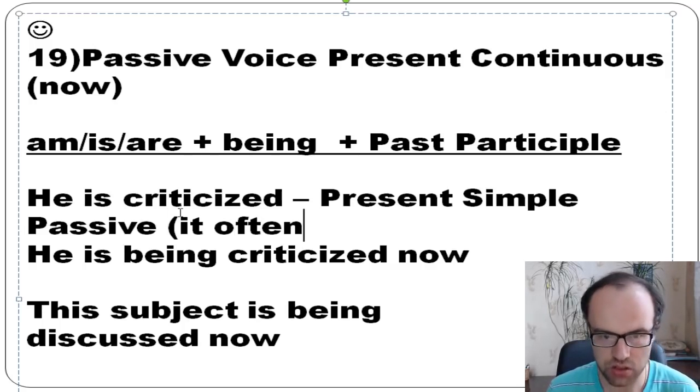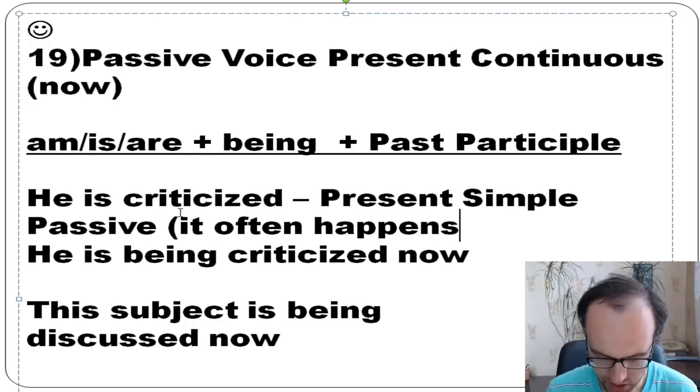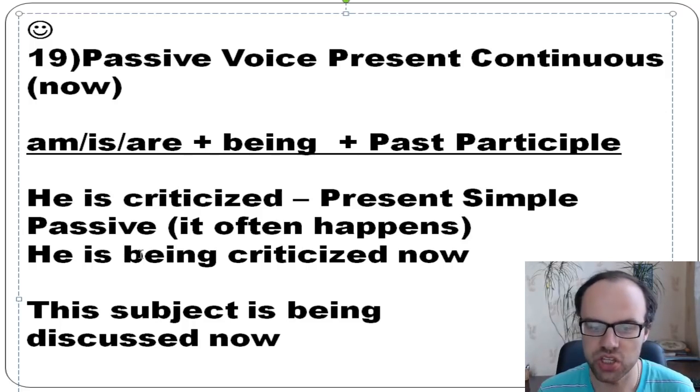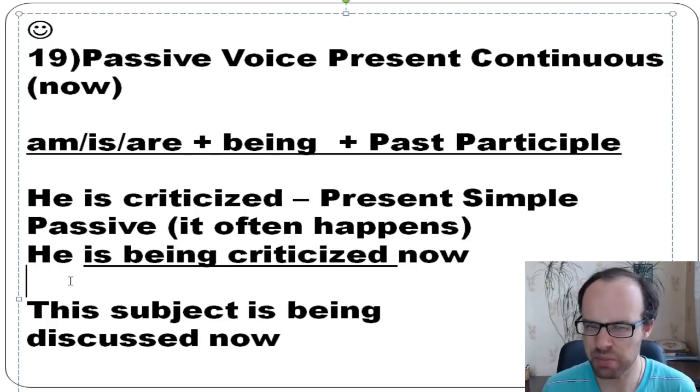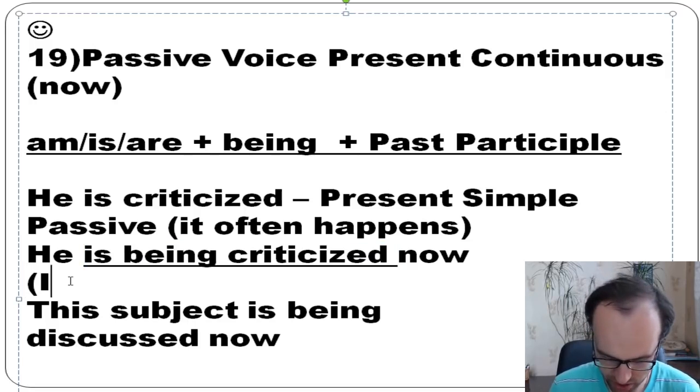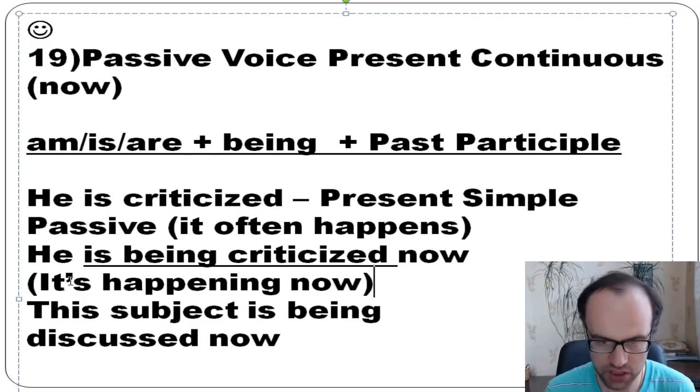So it often happens. And look, he is being criticized. So he is plus being plus past participle. He is being criticized now by someone. It's happening at the moment, okay? So it's happening now. Look.